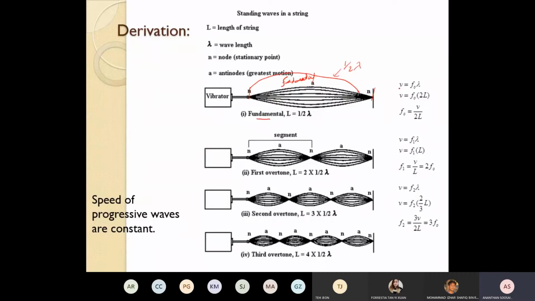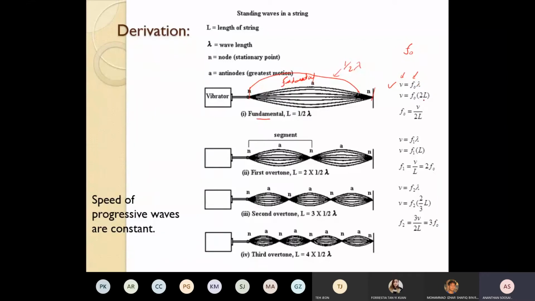So V equals F0 lambda. V is the speed of the wave on the string, not sound. F0 is the symbol for the fundamental frequency. And lambda we get from the length of the string.